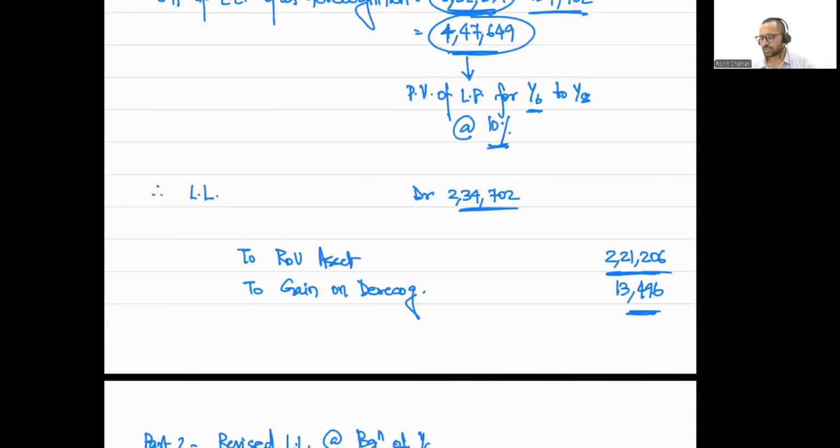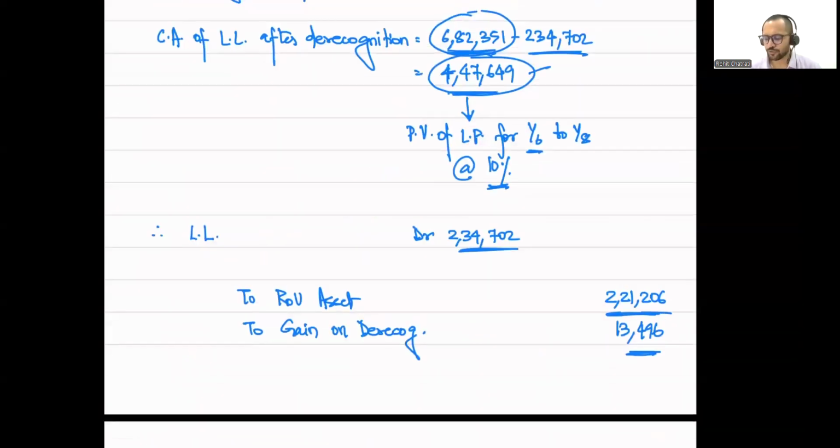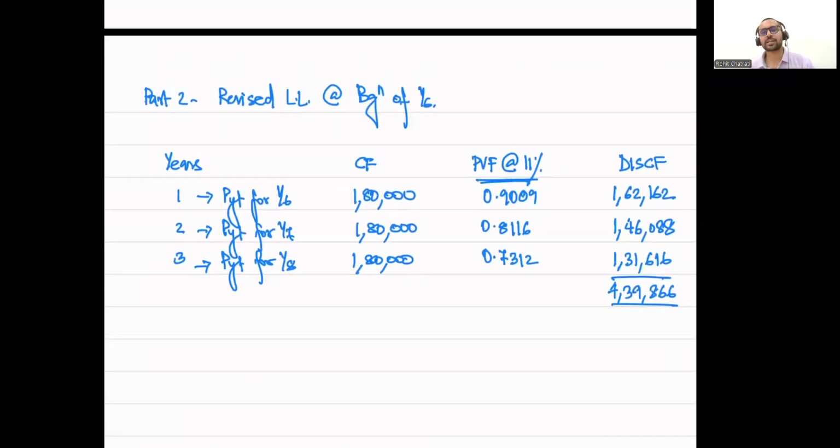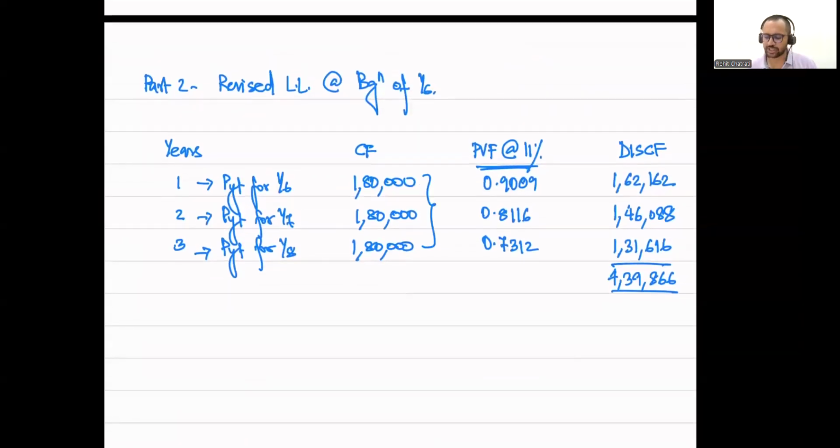Remember, I told you that the carrying amount of lease liability of 447 is the present value of 1,80,000 discounted at 10 percentage for the next 3 years. We are doing literally the same calculation over here. 1,80,000 discounted at 11 percentage is the only difference.